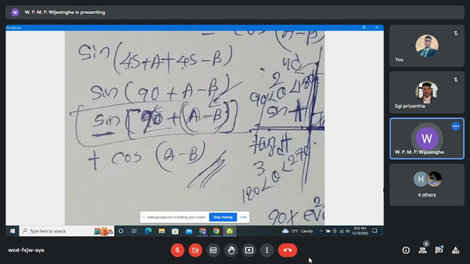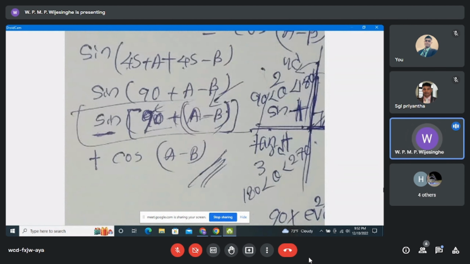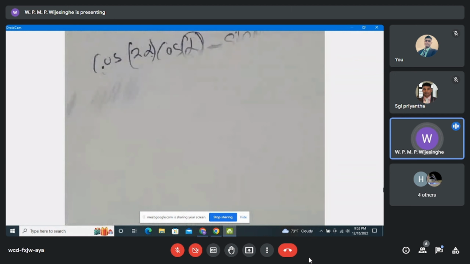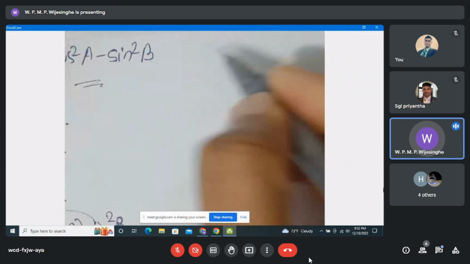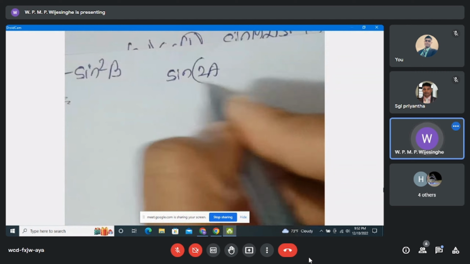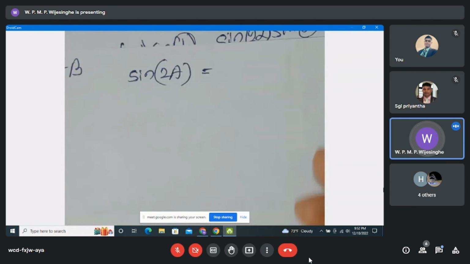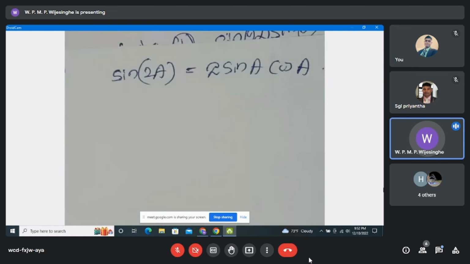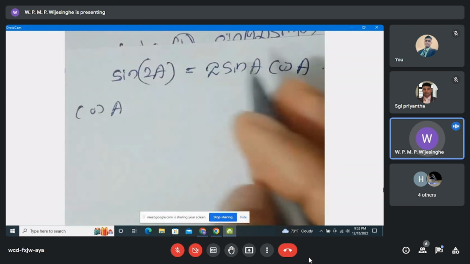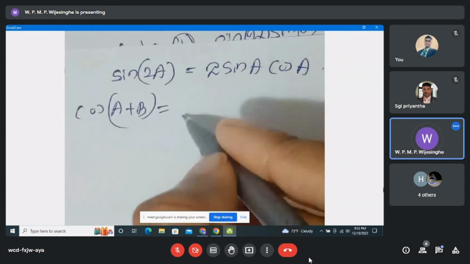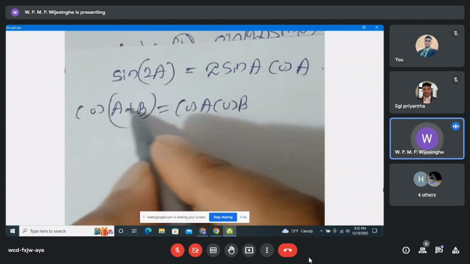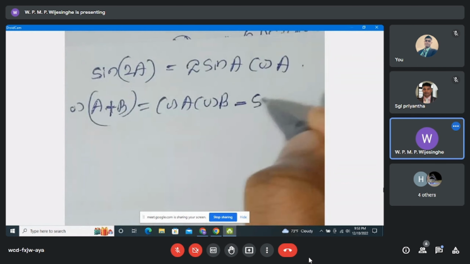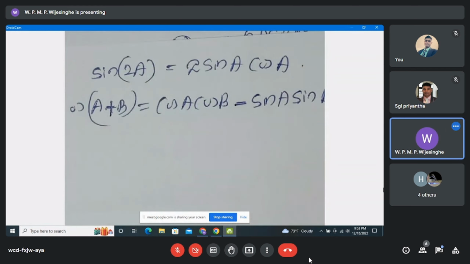Okay. In this, cos of the summation of two different angles also has a special case, like in the sine. I think you remember that sine 2A we can expand by using half angles, like 2 sin A cos A. Like here, cos of A plus B, we can write cos A cos B. If it is positive, it should be negative, sin A sin B. Right?